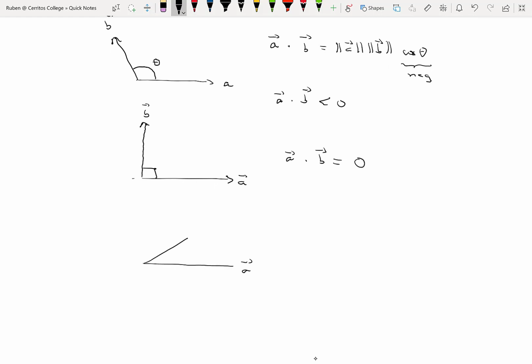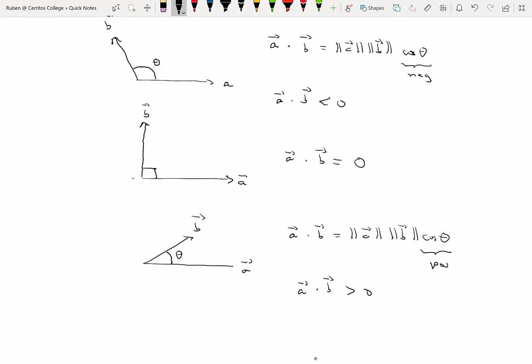Here's A, here's B. What can you tell me about A dot B? Well, it's length of A, length of B, times the cosine of theta. But theta is an acute angle, so cosine of theta is positive. So A dot B is greater than 0.